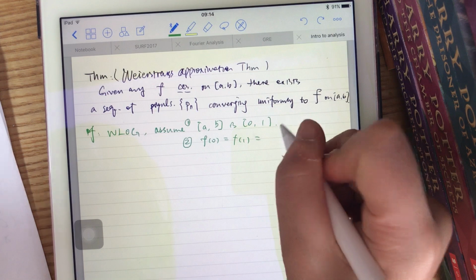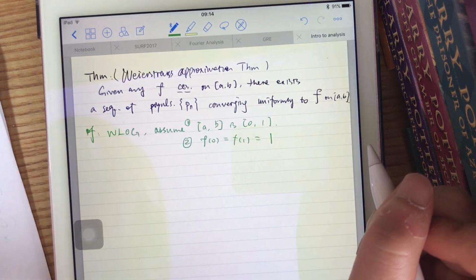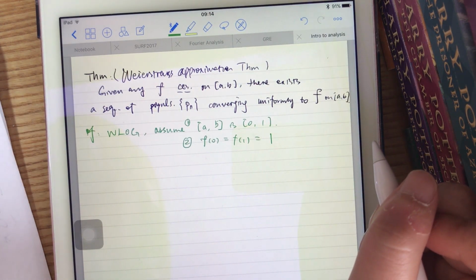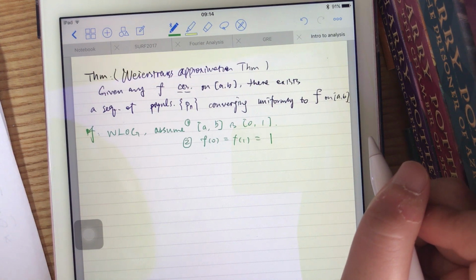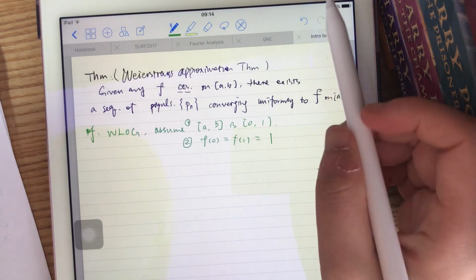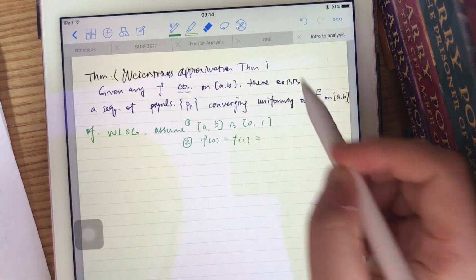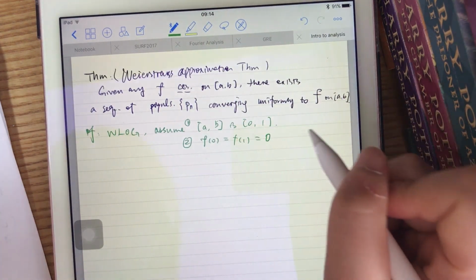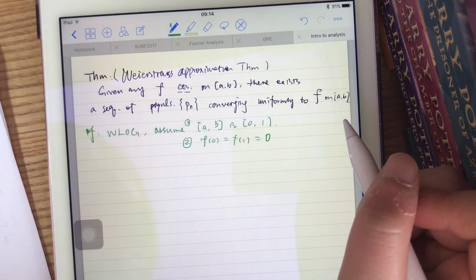Okay, this should be 0, I'm sorry. f(0) equals f(1) equals 0.